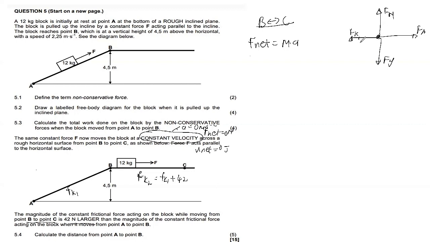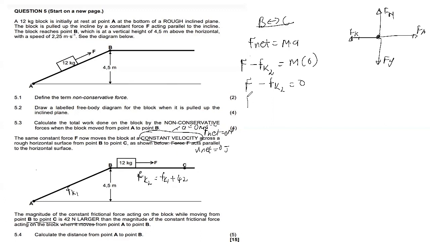Here, this would be our kinetic frictional force. Now, because this is moving at a constant velocity, we will say F minus FK2, because this is friction number 2, is equal to the mass times the acceleration of 0. Then F minus FK2 is equal to 0. But note that we said FK2 is equal to FK1 plus 42.